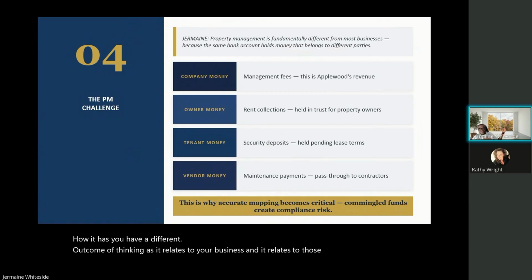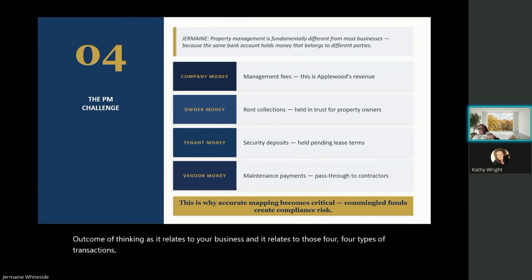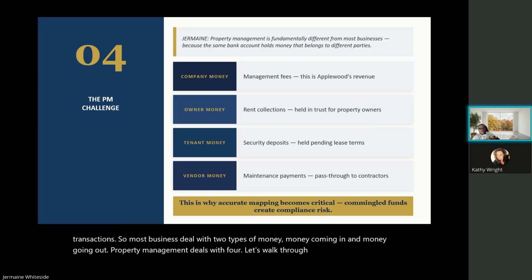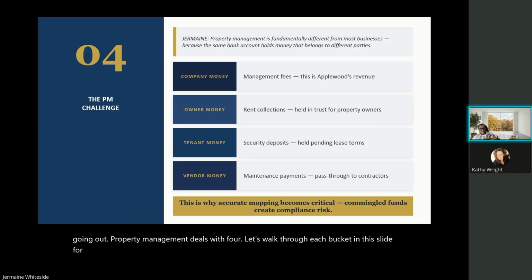Most businesses deal with two types of money: money coming in and money going out. Property management deals with four. Let's walk through each bucket in this slide. Company money, management fees. This is Applewood's annual revenue. This is what pays the bills. Owner's money, rent collected.